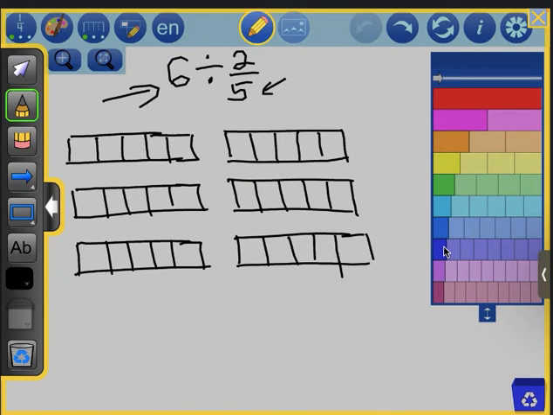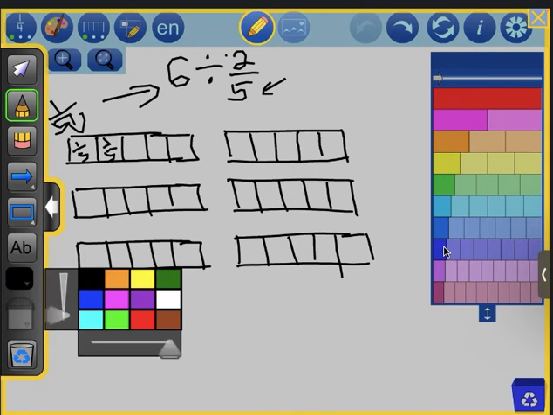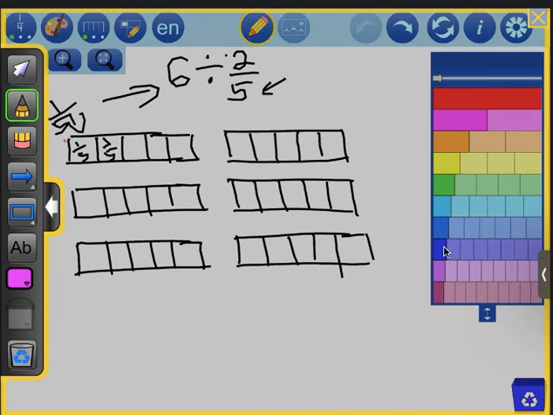Okay, now again, each of these are 1/5. They're all 1/5. Okay, and I want to find groups of 2/5. How many groups of 2/5 are in 6 wholes? So I am going to do that by circling groups of 2/5.